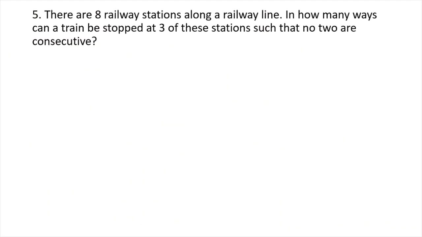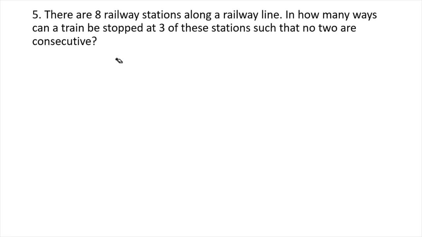This is from the third section, fifth problem. There are 8 railway stations on a railway line. In how many ways can a train stop at 3 stations such that no 2 stops are consecutive?